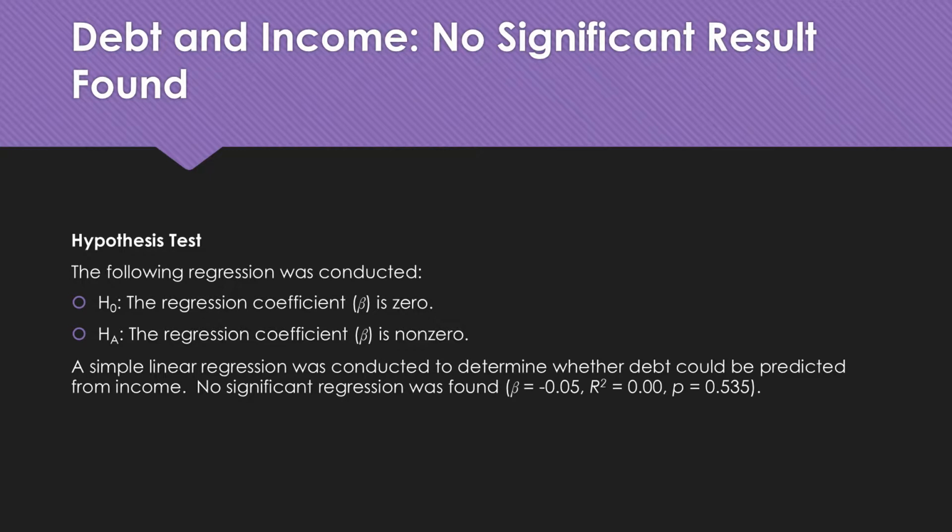No significant regression was found. Beta was equal to negative 0.05, r squared was equal to 0.00, and p was equal to 0.535. Being that the p-value was extremely bigger than 0.05, we failed to reject the null hypothesis.